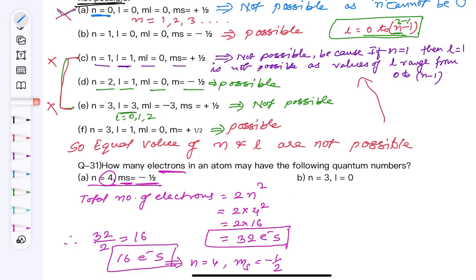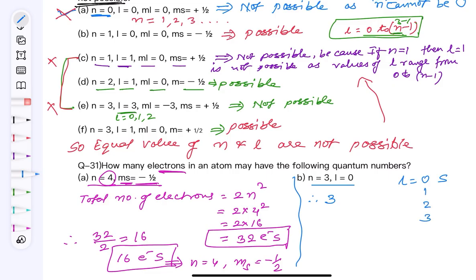Now let us try to do the second part of the question here. That is very simple. n is equal to 3 and L is equal to 0. When L is equal to 0, the value of L corresponds to s orbital. This we have already studied.